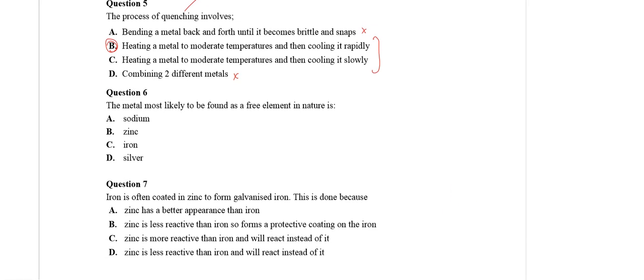Now question 6 I think relates to chapter 3.1, looking at the properties of metals. Now, we didn't really go over this in too much detail. This question here is looking at the differences in properties of main group metals versus the transition metals.